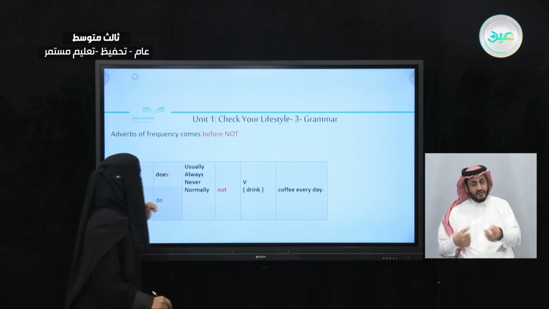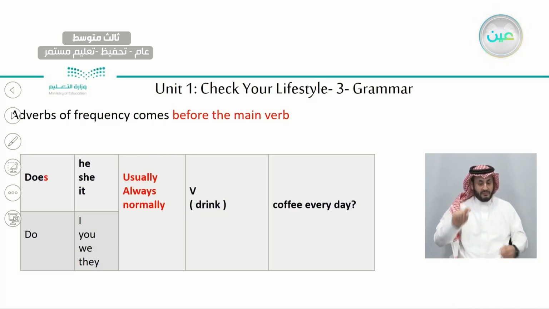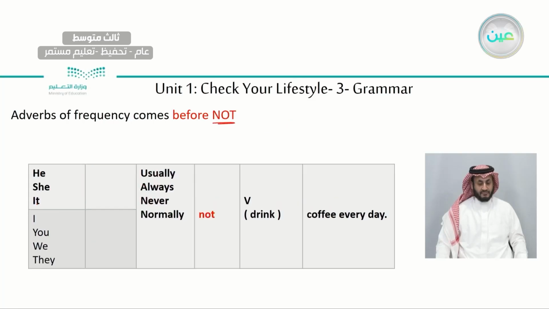Another way: what if we don't have a normal sentence, we have a negative sentence? We look for not. Yes, not. We look for it in the sentence, and we put the adverb of frequency before it.